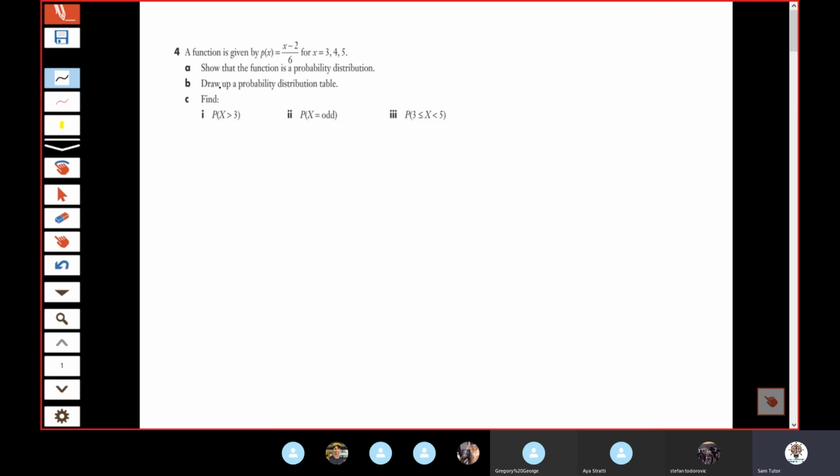Okay. A function is given by p of x equal to x minus 2 on 6, for x equals 3, 4, and 5. Show that the function is a probability distribution.